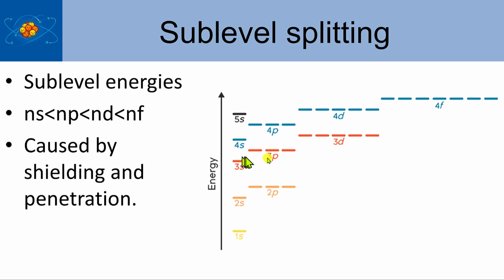So here's the thing: the 4s, because of penetration, is below the 3d, and this is what gives us the actual Aufbau principle. From reading the energies of these diagrams, you would have 1s, then 2s, and then 2p, and then 3s, and then 3p.